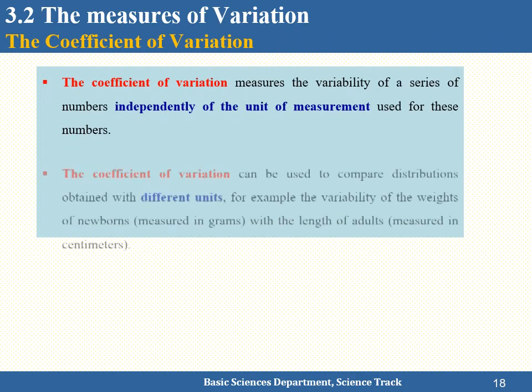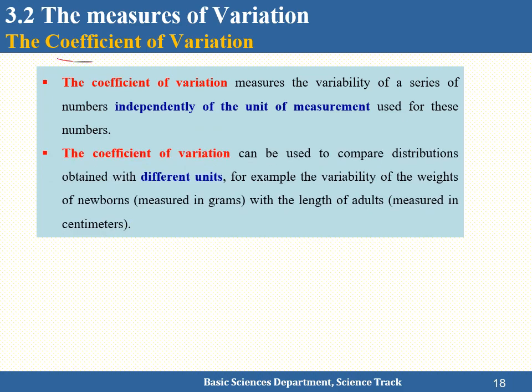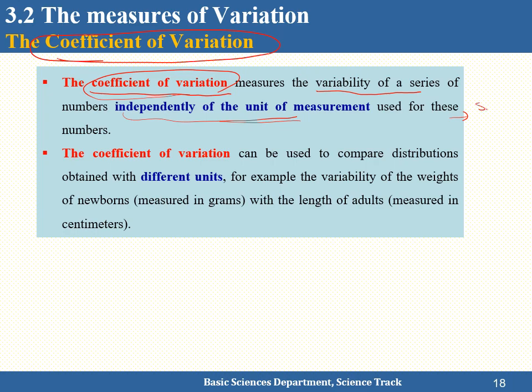Now, another measure of variation is the coefficient of variation. The coefficient of variation measures the variability of a data set independent of the unit of measurement. Basically, it gives the ratio of the standard deviation to the mean.